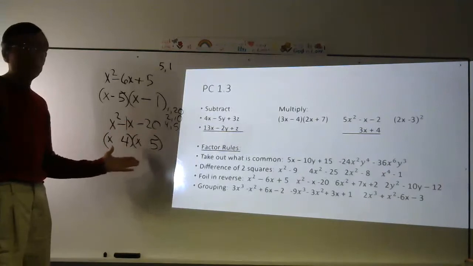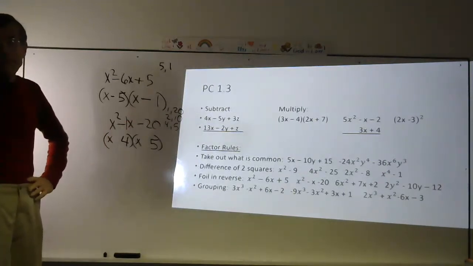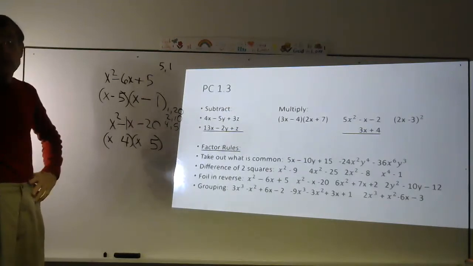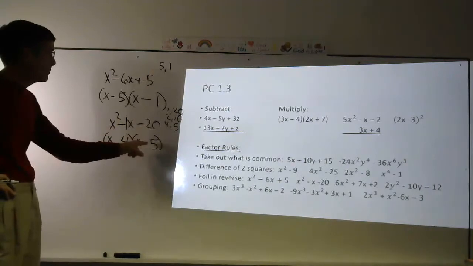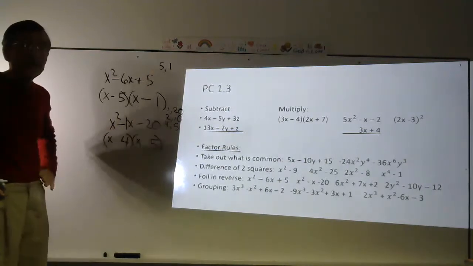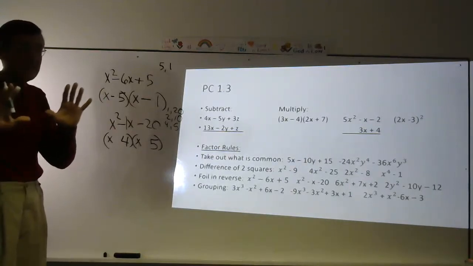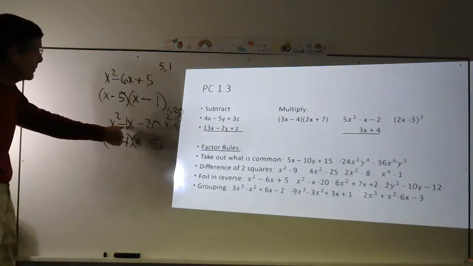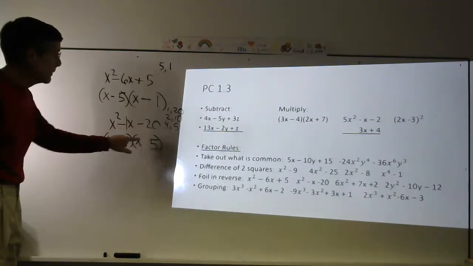All right, now here comes the fun part. To take 4 times 5 and get a negative 20, you've got to take a positive times a negative to get a negative. So one of these is positive and one is negative. Okay? And here's another little neat rule that works here. Whatever this sign is, negative, goes with the bigger.